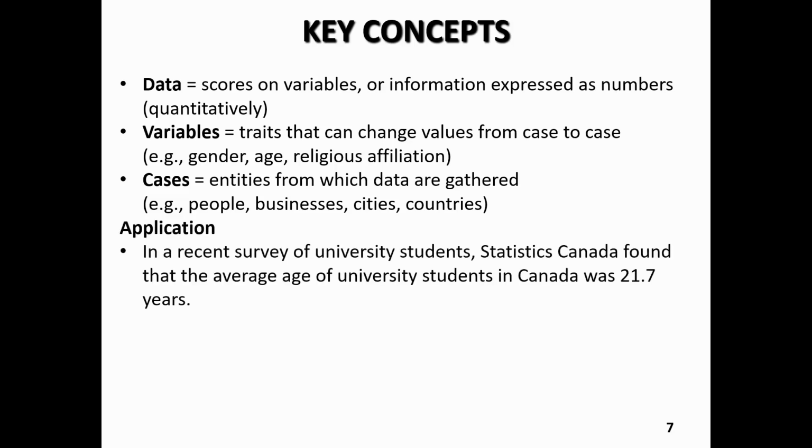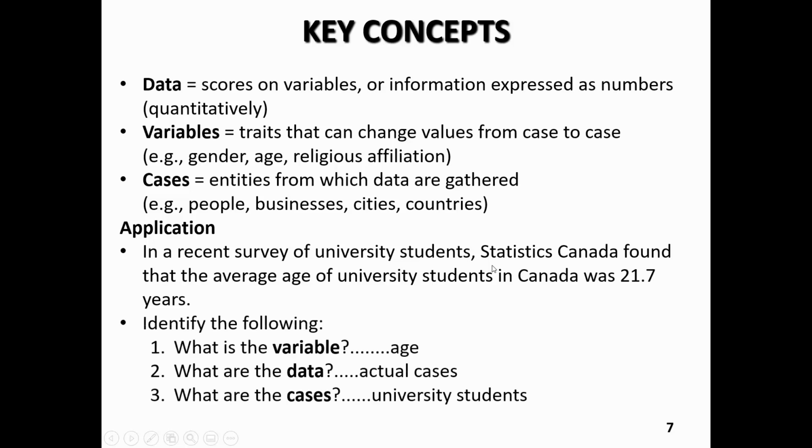And so in applying this idea here, we see that in a recent survey of university students, Statistics Canada found that the average age was 21.7 years. And so in identifying the variables, the data, and the cases in this particular example, we see that age is the variable in question.